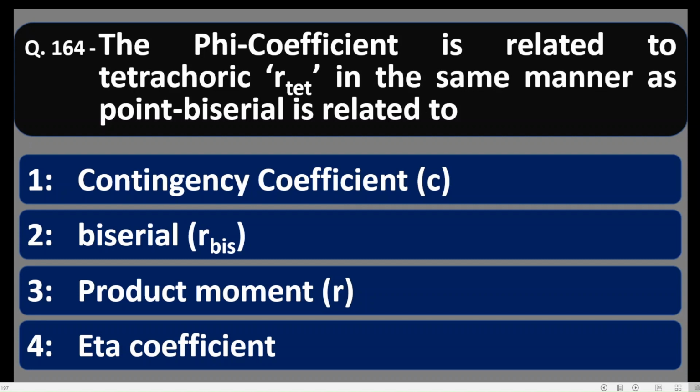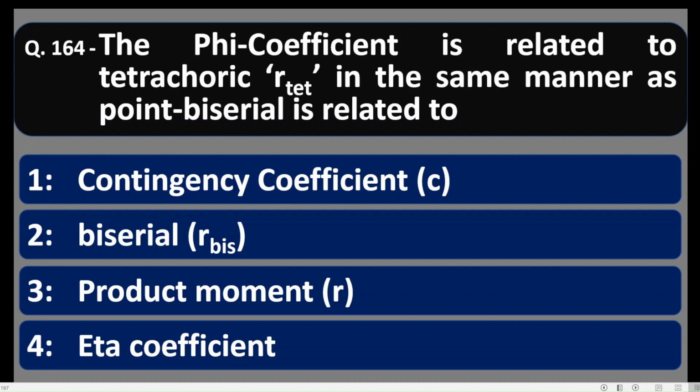In the same manner, point biserial correlation coefficient can be calculated only if one out of two variables is continuous and data regarding that variable is obtained in interval or ratio scale, and the other variable is dichotomous, and data related to that variable is obtained in nominal scale. The same thing happens in biserial also.